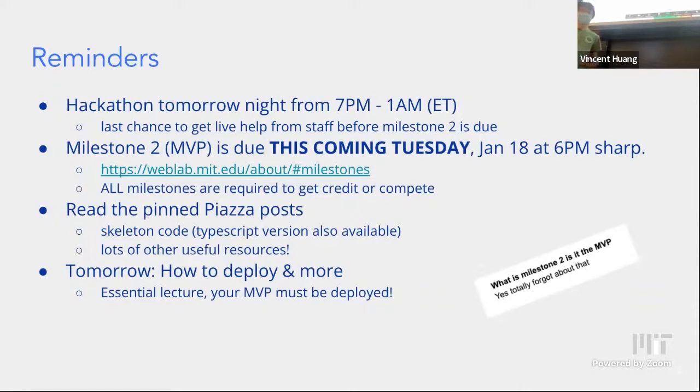And tomorrow we have a very important lecture on how to deploy, which is basically how you take all your code that's running on your computer and deploy it to an external website that other people can access. You have to deploy your website for the MVP, so make sure you come to that lecture and know how to do that.